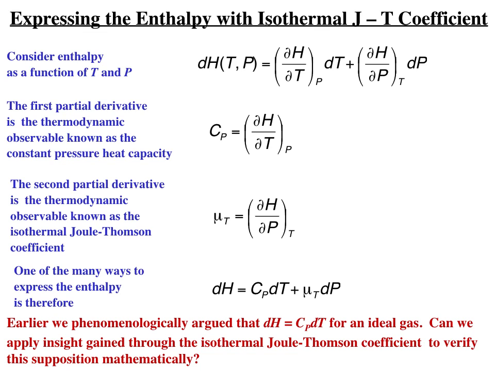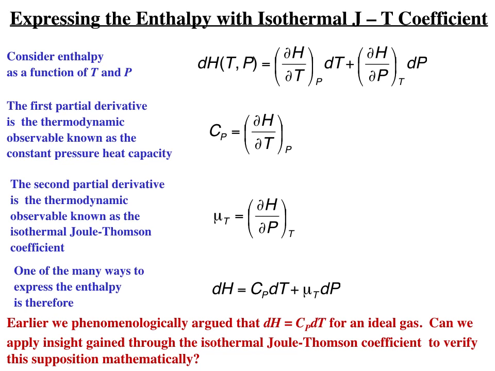Continuing this theme of the relationship between the internal pressure and this isothermal Joule-Thomson coefficient, let's consider H to be a function of T and P naturally. Then, being an exact differential, I can write the top expression for dH based on it being a function of variables T and P. The first term is simply the definition of the constant pressure heat capacity, so for that first partial, I can make that substitution.